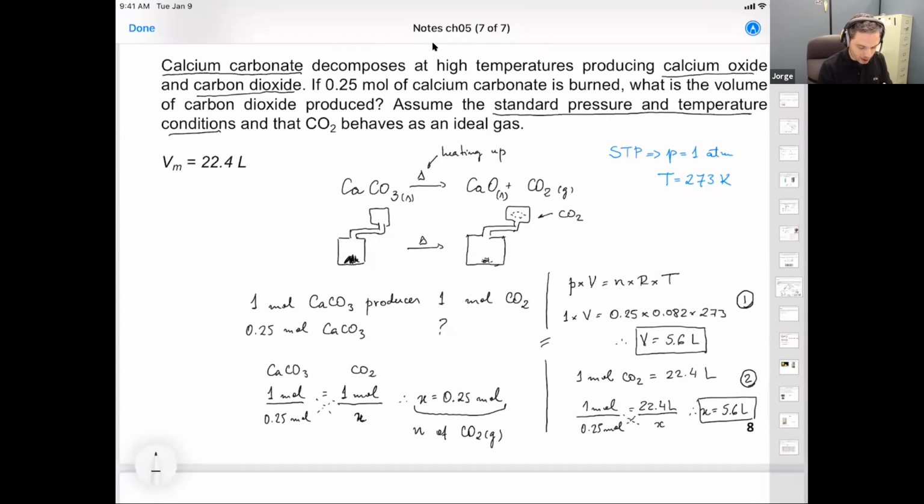The way I would recommend is the first one, because the first way to solve the problem is the most general one and can be applied to any sort of problem involving generation of gases during a chemical reaction.